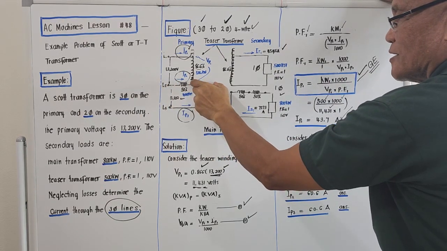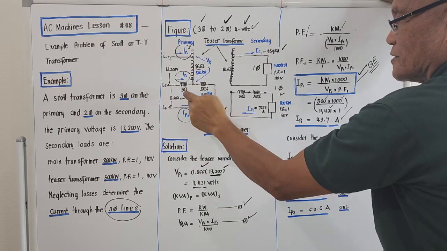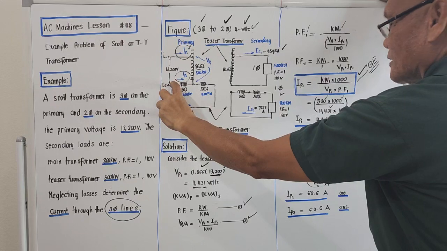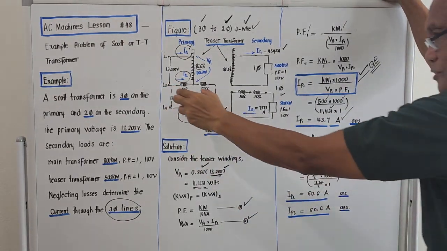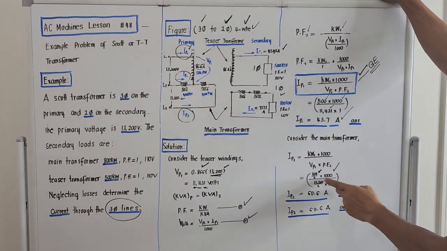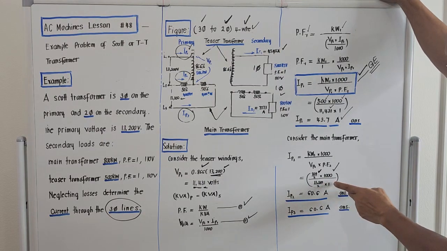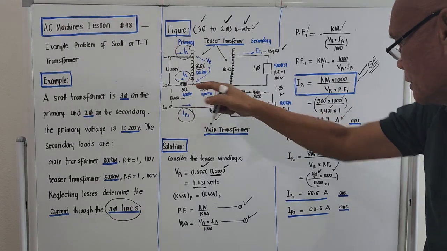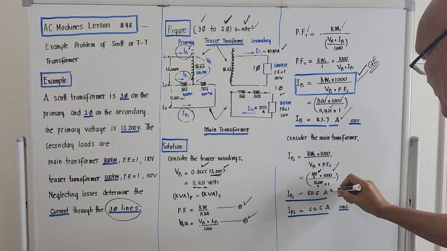They are in phase. So the voltage across this should be 13,200 over 2 times the power factor 1. And the value of IP2 will be 60.6 amperes.